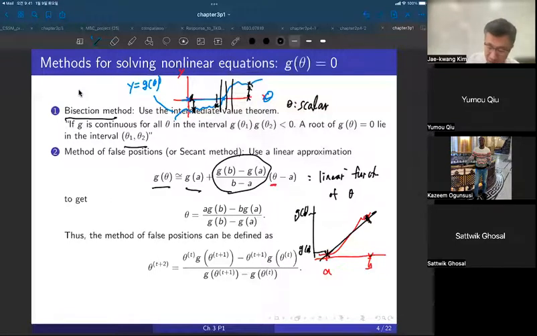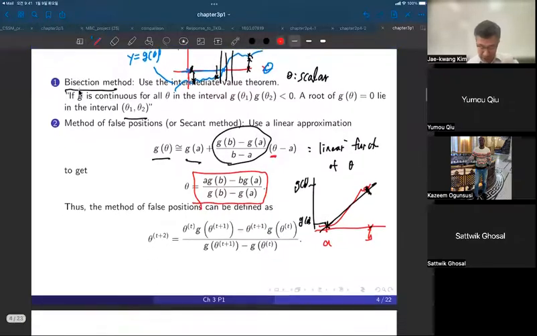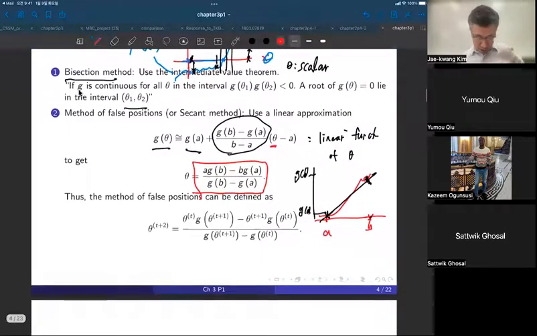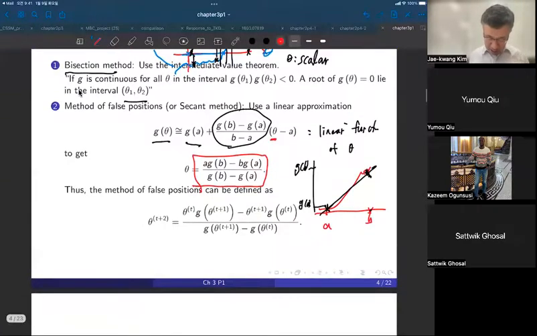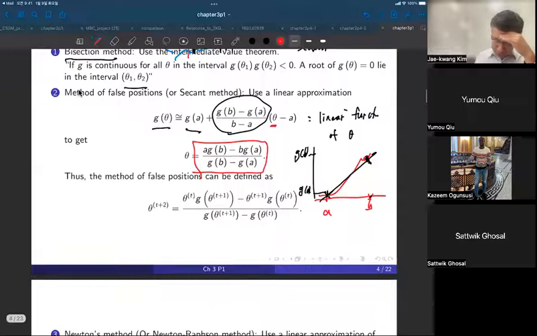So this one also doesn't require computing the partial derivative. You use two points and then update one, to update your zeta.